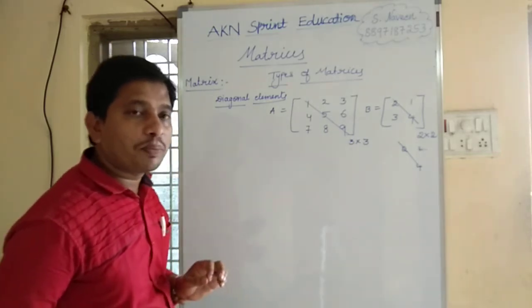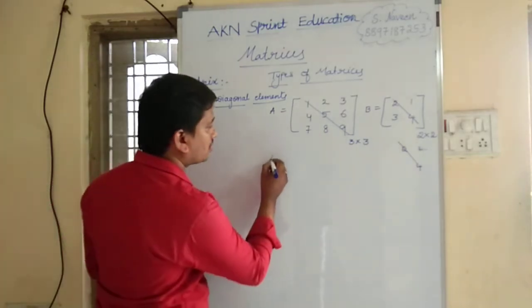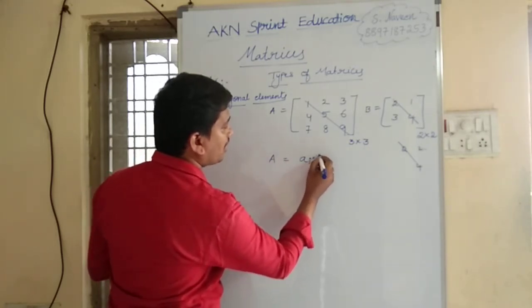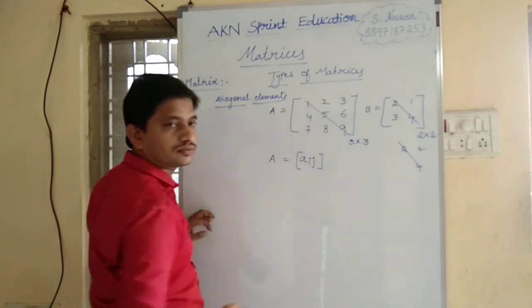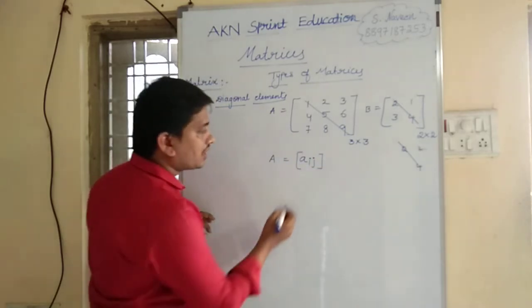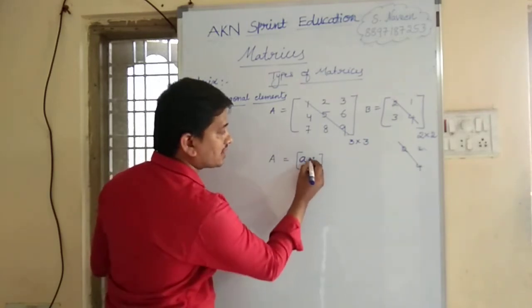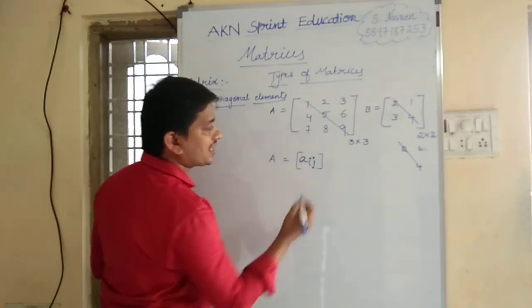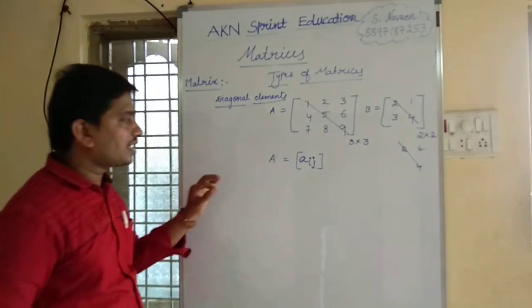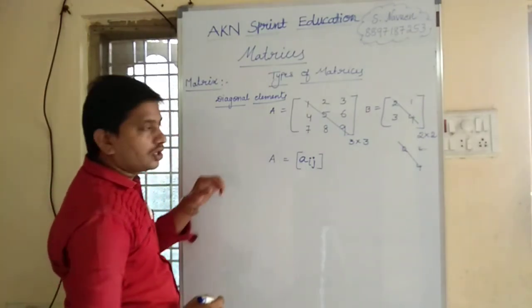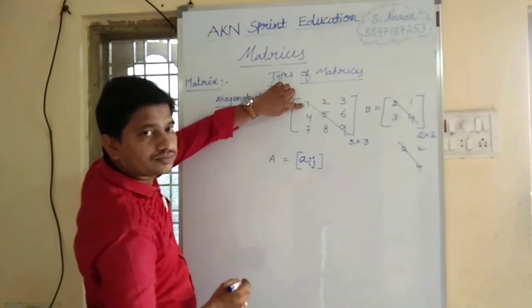Children, in compact form, a matrix is represented by Aij. Here A stands for element, I stands for rows, and J stands for column.